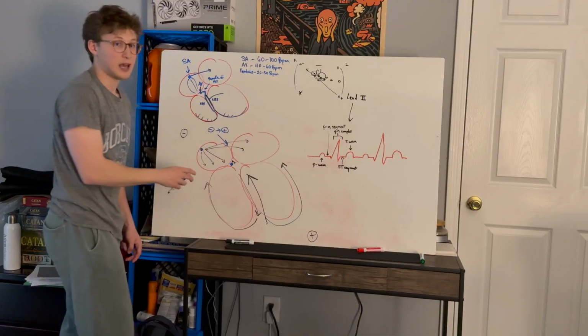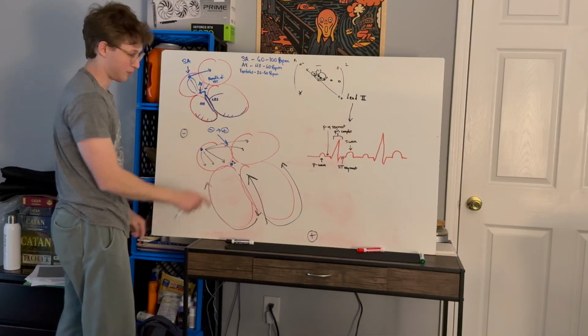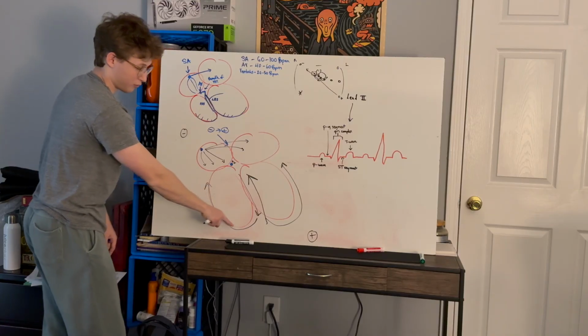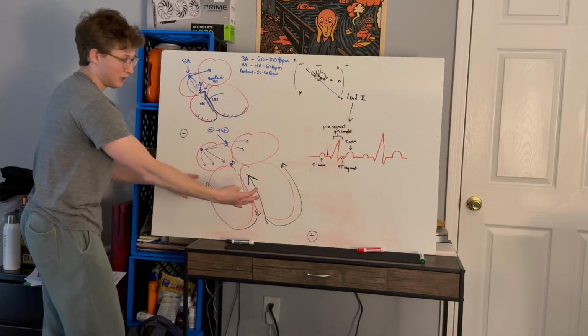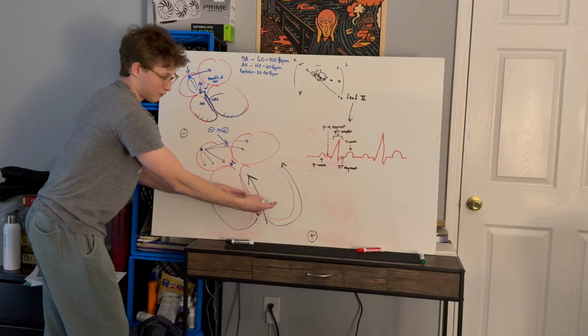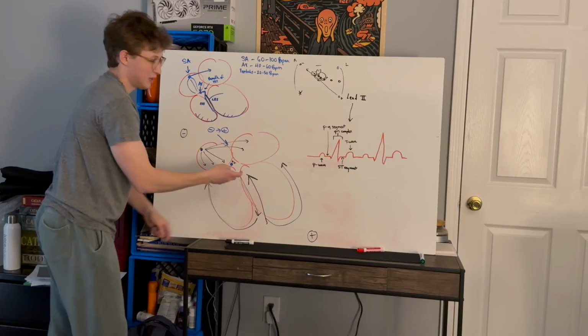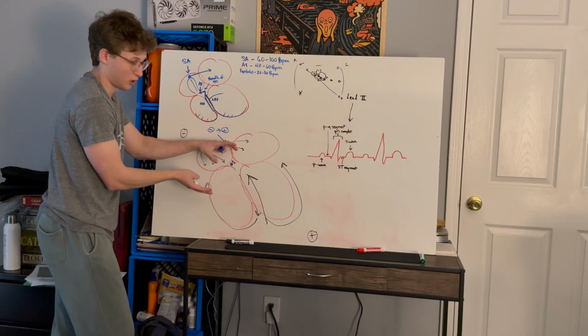All of a sudden, AV node lets go and lets that thing rip straight down the left and right bundle branch, and then around through the Purkinje fibers. It's going to cause the ventricles to contract from outside to in, apex to the base, to the top of the ventricles. So we have all this positive flow, right?